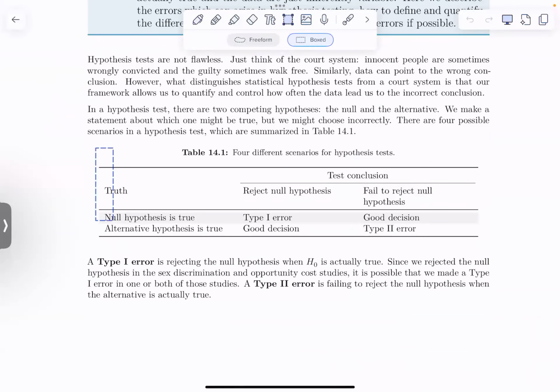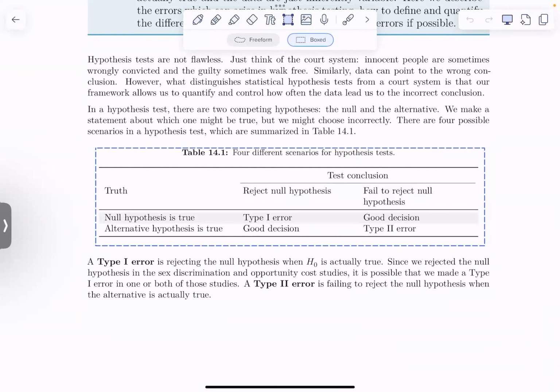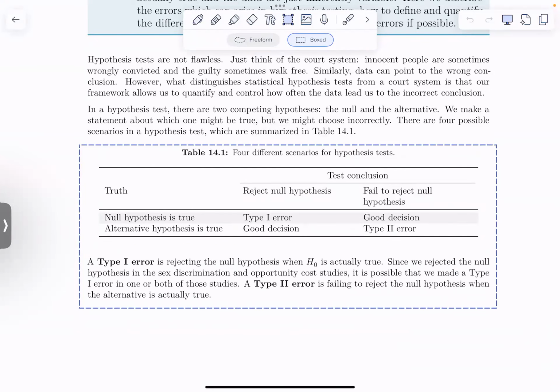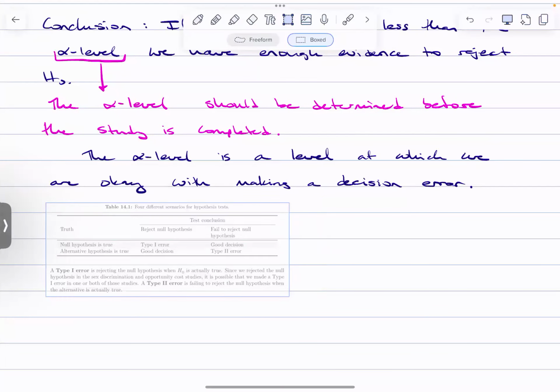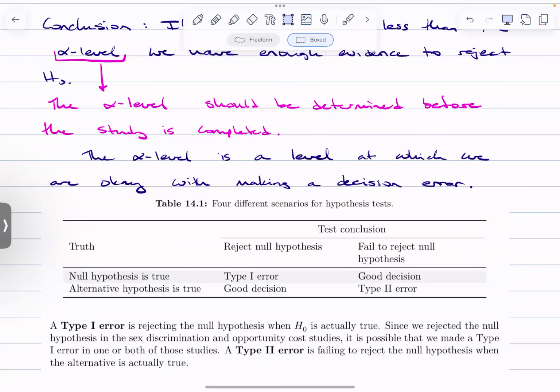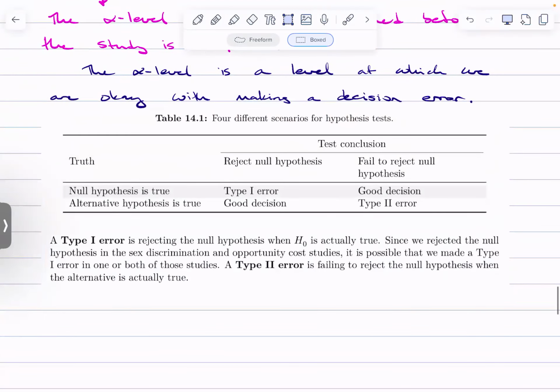Fine, I'll do the whole thing. Usually we set it up in a table like this. In our population, there can be some truth. Either the null hypothesis is true or the alternative hypothesis is true. And this is referring to our population.